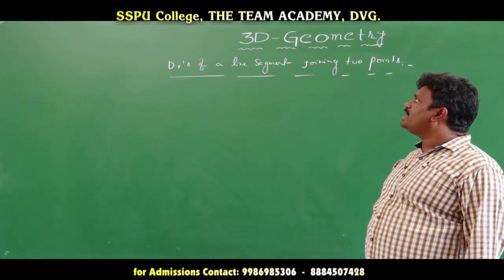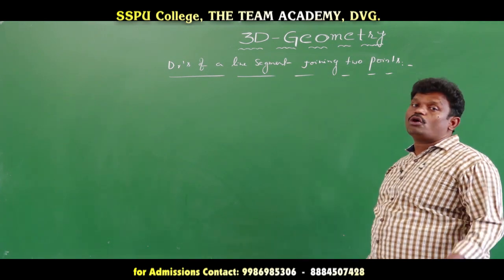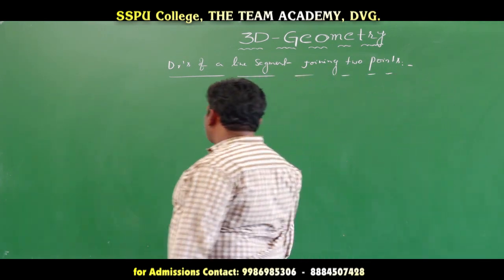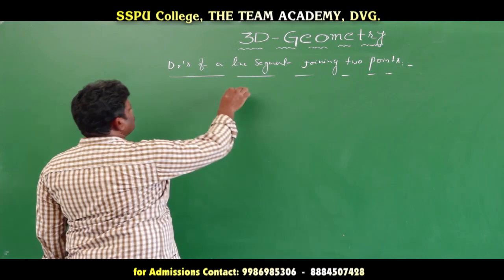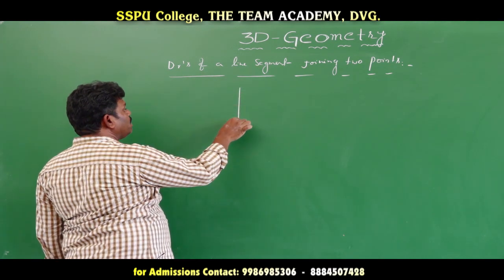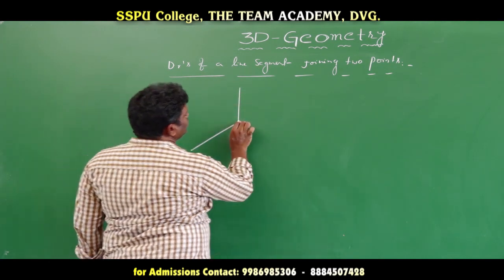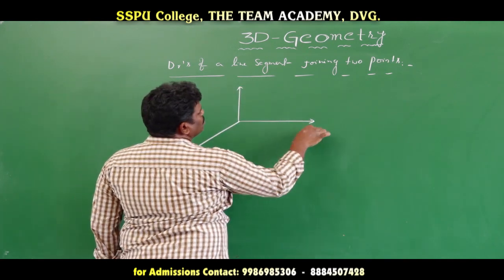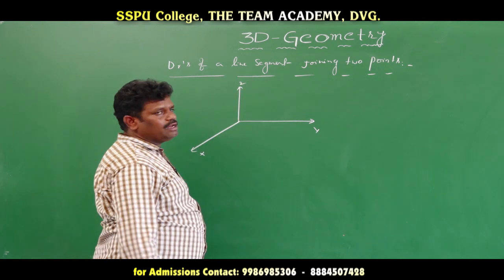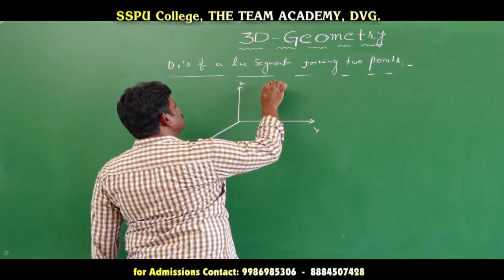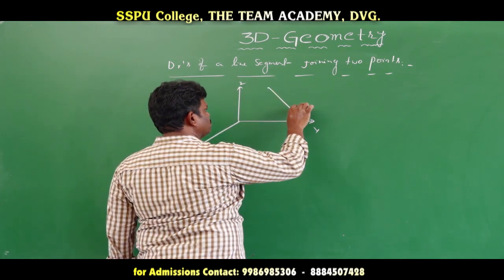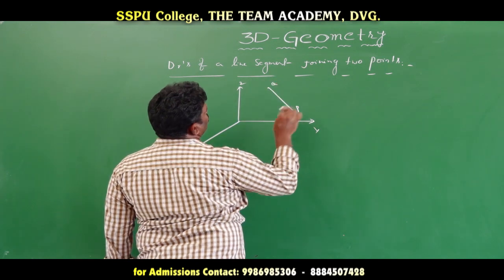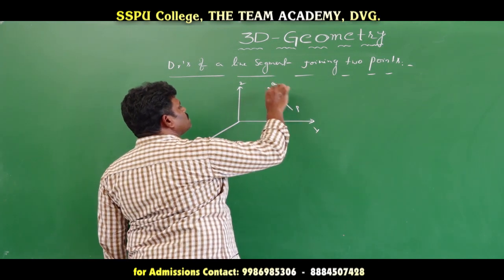Now similarly, direction ratios of a line segment joining 2 points. Now how to find it? Direction ratios of that line segment, in the rectangular coordinate system: if you take 2 points, suppose P and Q. So this is the point P and this is the point Q. Now how to find the direction ratios?